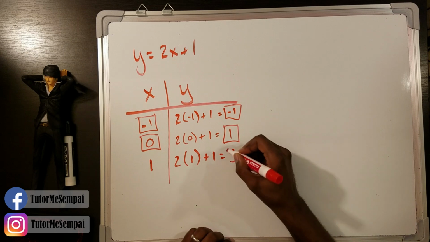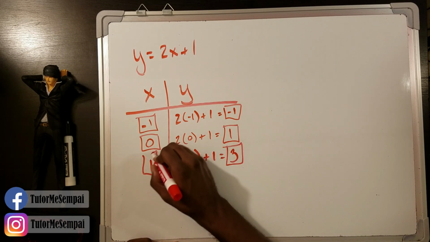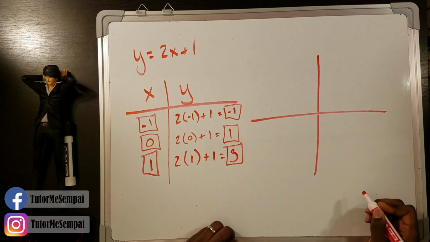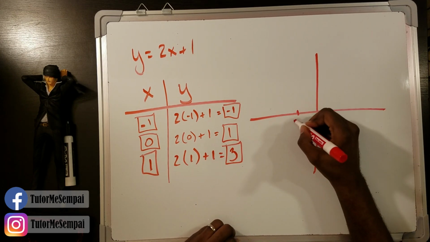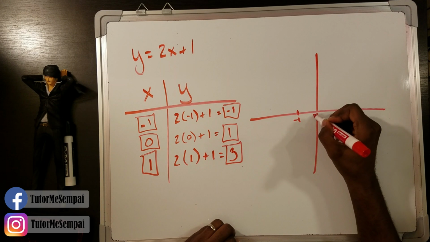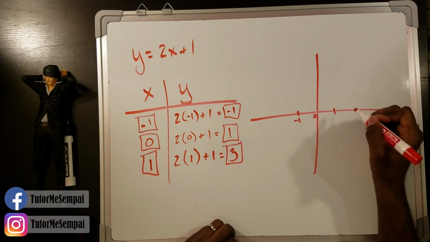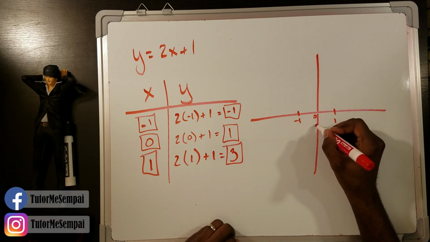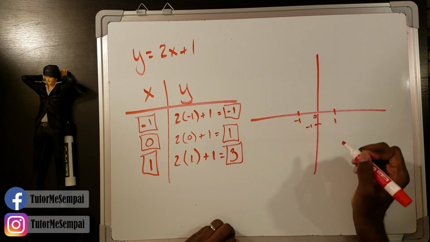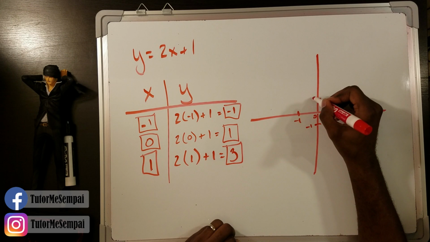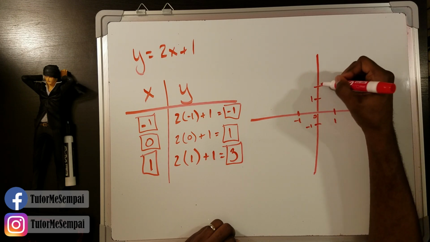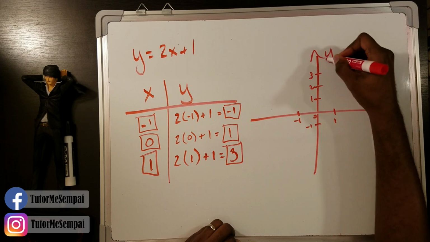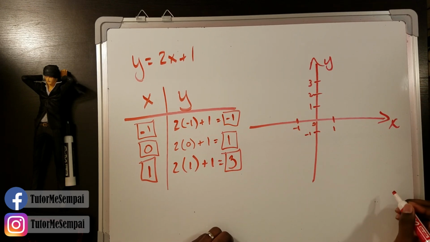So if we were to take these 3 points and graph them, we're going to have -1, 0, and 1 for x, and -1, 1, and 3 up here for y. This is the y-axis, this is the x-axis, right?